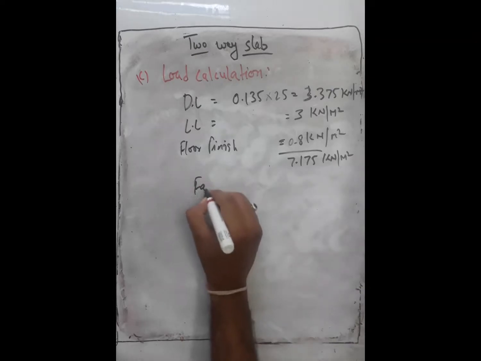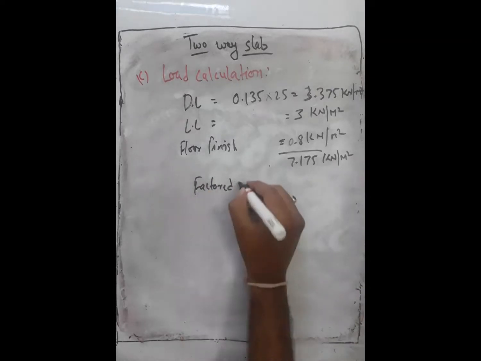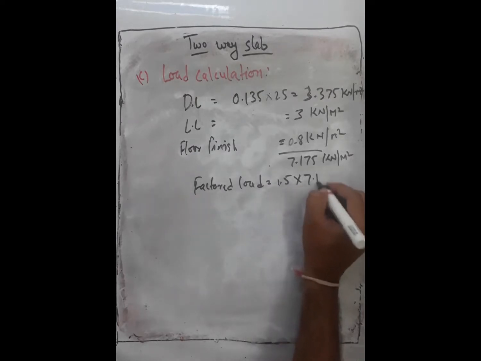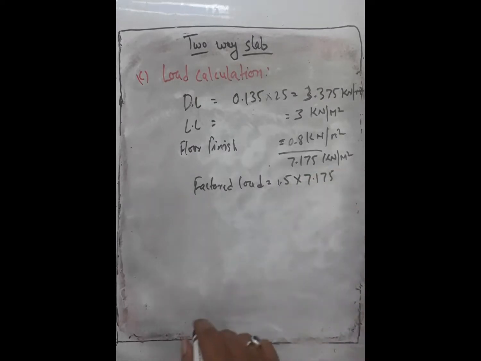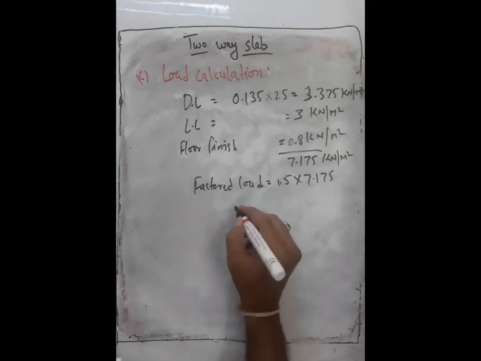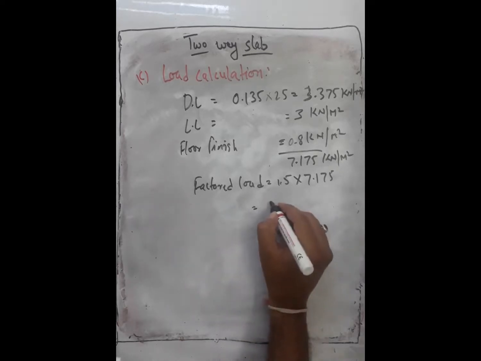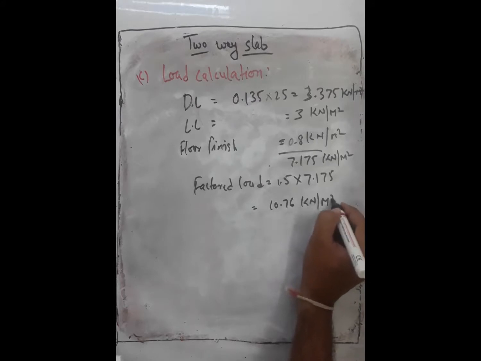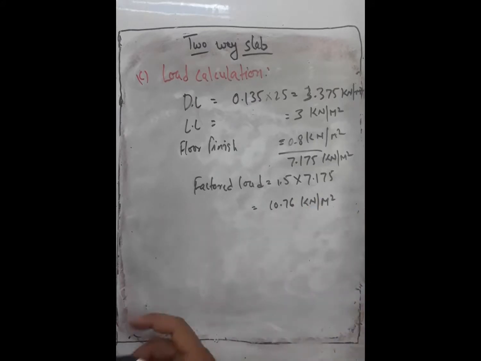Now we have to find the factored load. So factored load is equal to 1.5 into 7.175. So here we get W is equal to 10.76 kilonewton per meter square. So this is our load.